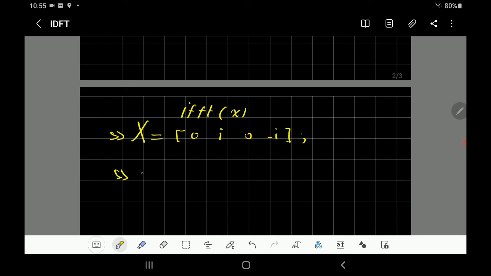Then in the second command, you write x. You can write xk if you like, it doesn't matter, just make them different. Make it this one X capital and this x small, since MATLAB distinguishes between both. It's equal to inverse fast Fourier transform of your big X.